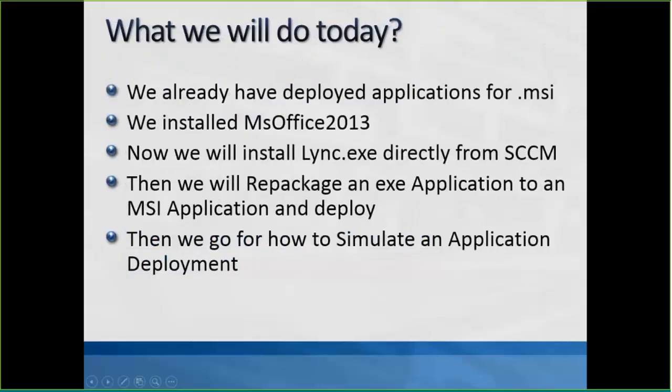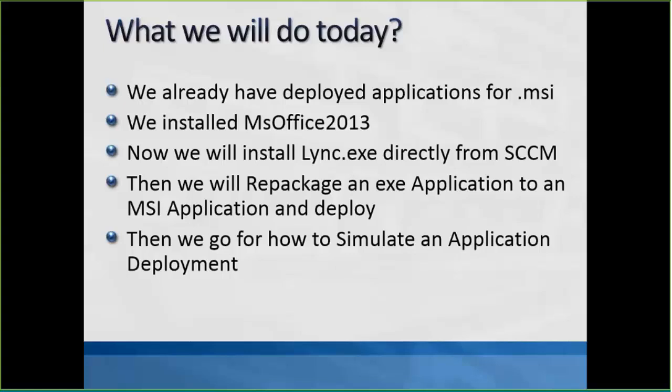What we have done before is we already have deployed applications with .msi. That was the easy part, right? We installed MS Office 2013. The automation of that was a bit difficult, with separate manual steps. We do not yet know how to deploy an exe file, for example, and the easiest example is Link.